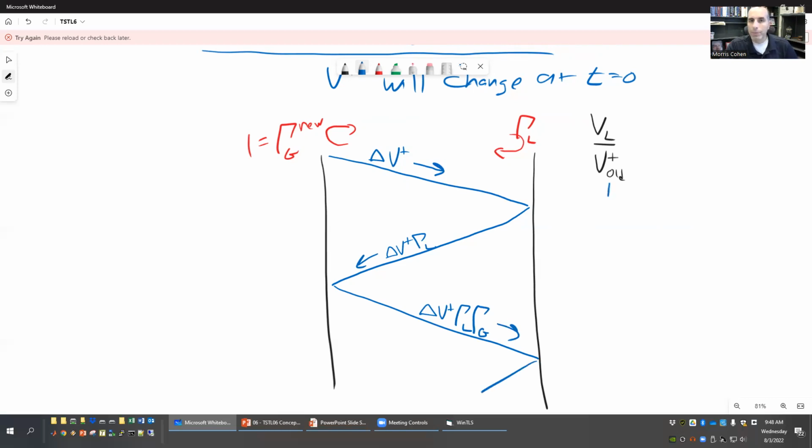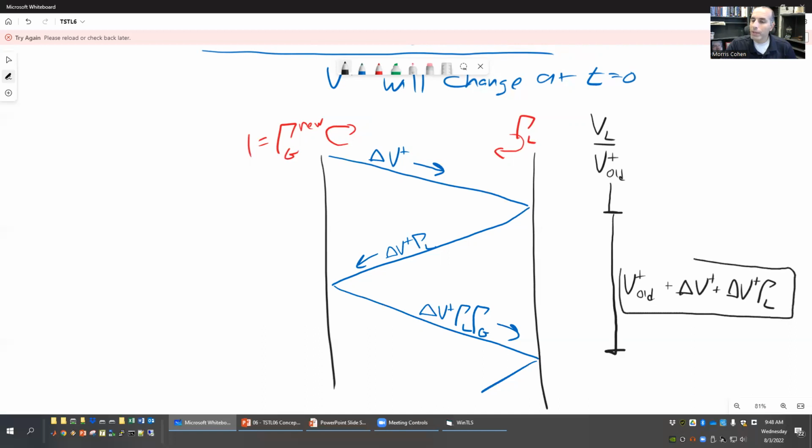We can then track what's happening to the load voltage, right? The load voltage starts out at V positive old, and once this wave hits and reflects, it's going to change. It's going to be V positive old plus delta V positive plus delta V positive times gamma L. Take the previous value of the voltage on the load, add the incoming wave, and add the reflected wave, and that will be the value of the voltage on the load after that reflection has occurred.